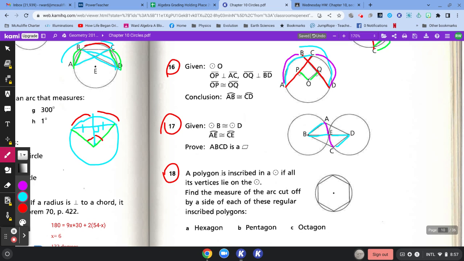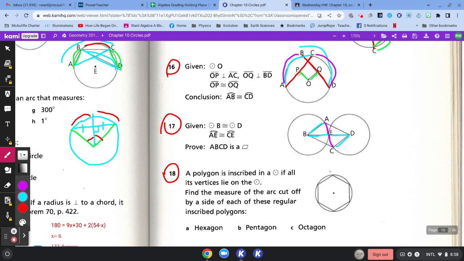Now, there's more things that we can figure out. So one thing you want to think about is, how do you prove a parallelogram? Well, we have these sides are part of this quadrilateral, and we have CD and AB are congruent. So they're opposite sides.